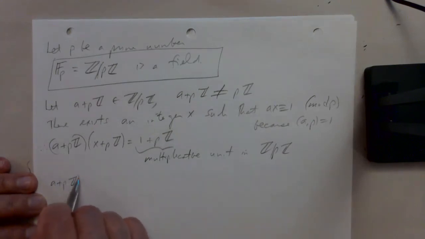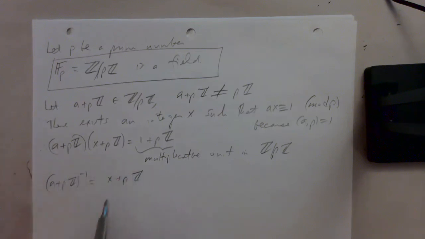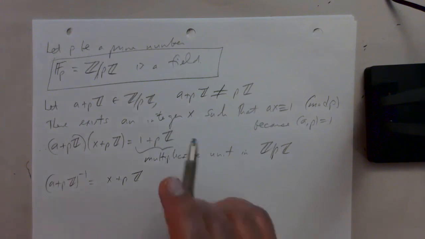So A plus PZ inverse is X plus PZ. So the congruence classes mod P form a field.